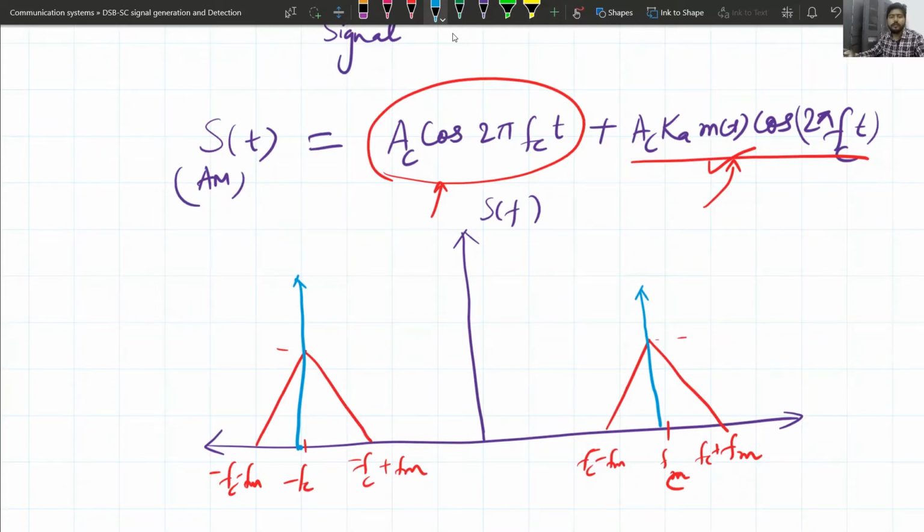One thing to observe here is that the amplitude modulated wave contains the message signal frequency as well as this component of the signal, which is again the carrier frequency.